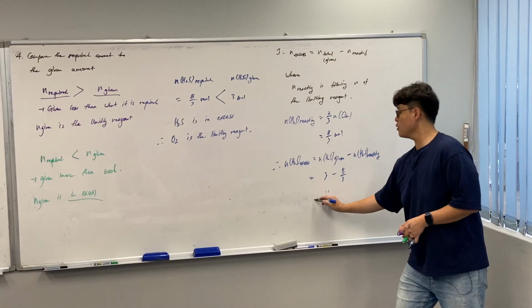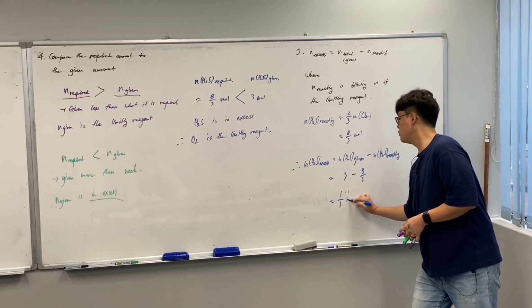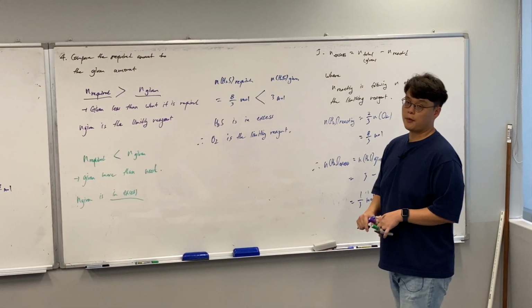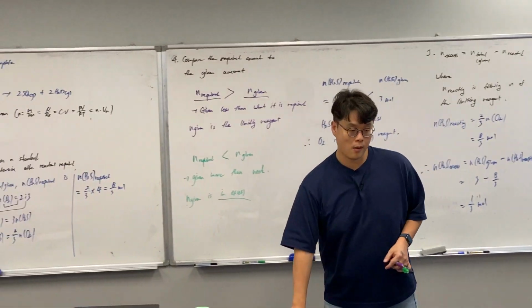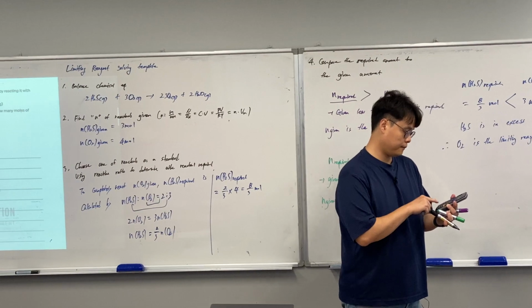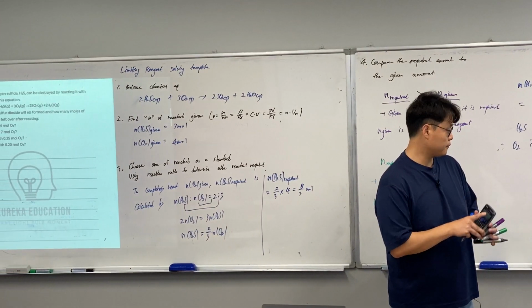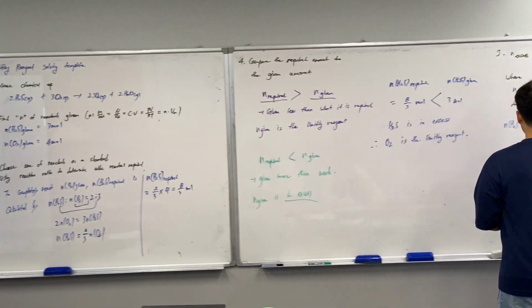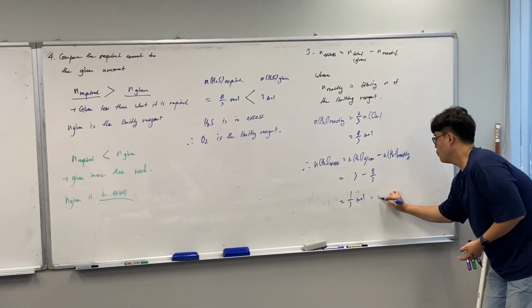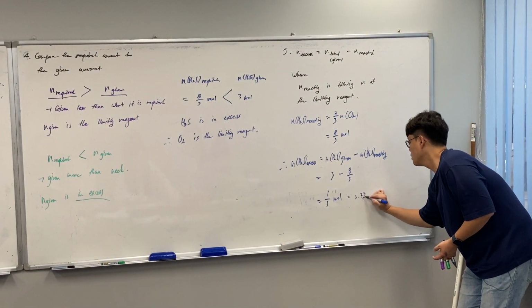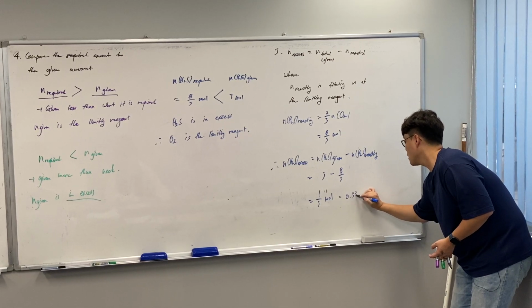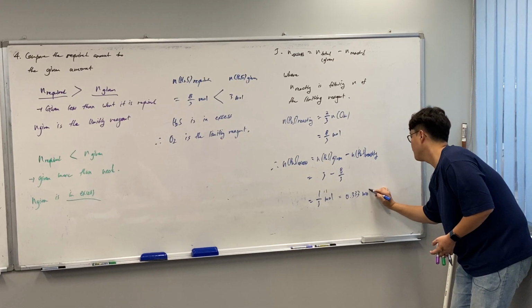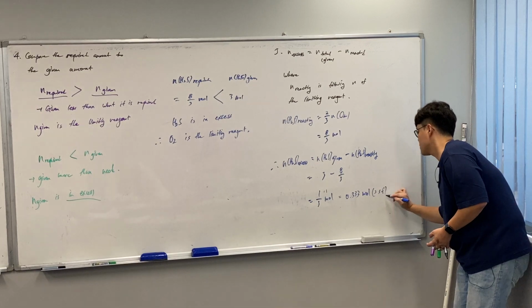So that's giving you 1/3 mole, or approximately 0.333. Let's write in some decimal points. So that's giving you 0.333 mole in 3 sig figs.